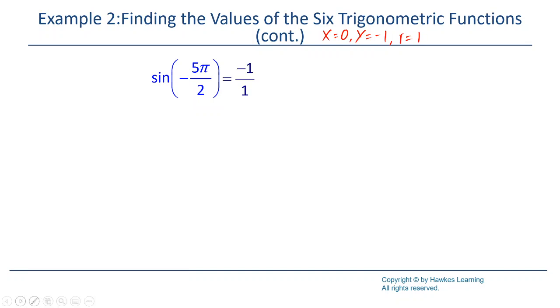So when we do sine, we do y over the radius. We get sine is negative 1. Cosine gets us 0 over 1 because it's x over the radius. So we get 0.